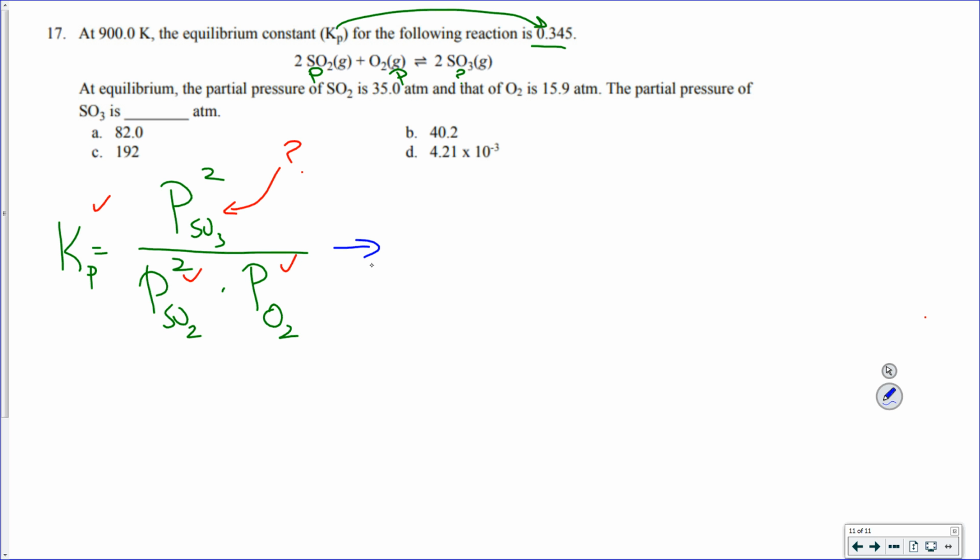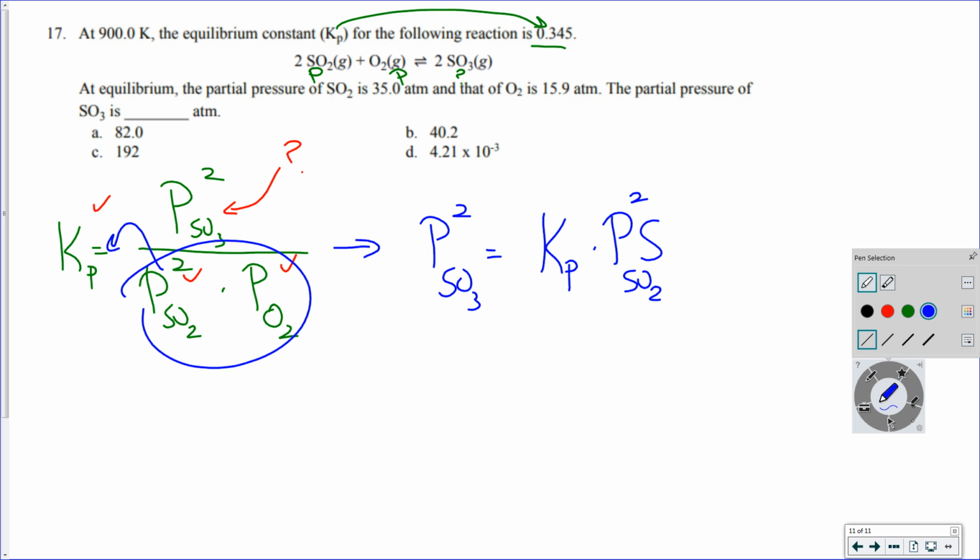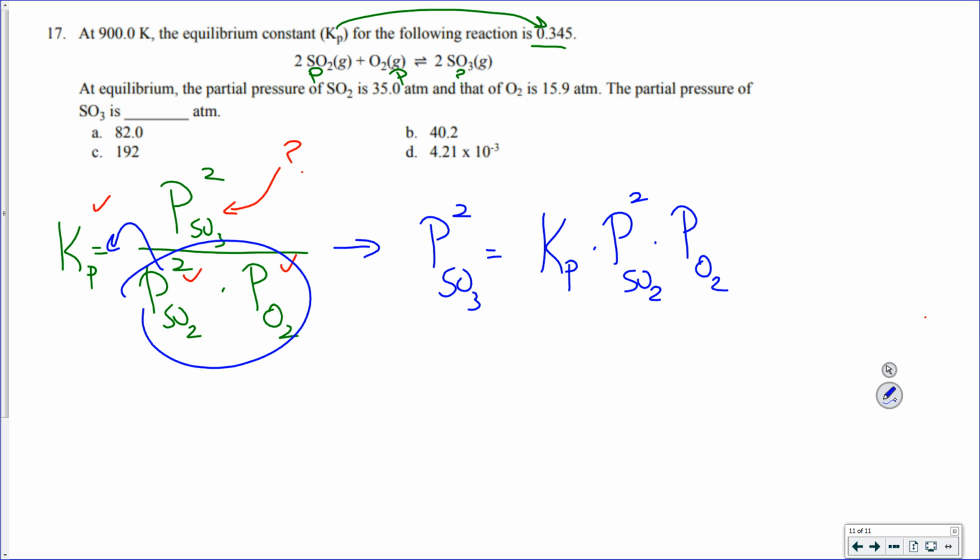If I rearrange, I multiply these terms to the other side. So the partial pressure of the SO3 squared is equal to K sub P times the partial pressure of the SO2 squared times the partial pressure of the O2. I know all these numbers. K sub P is 0.45.